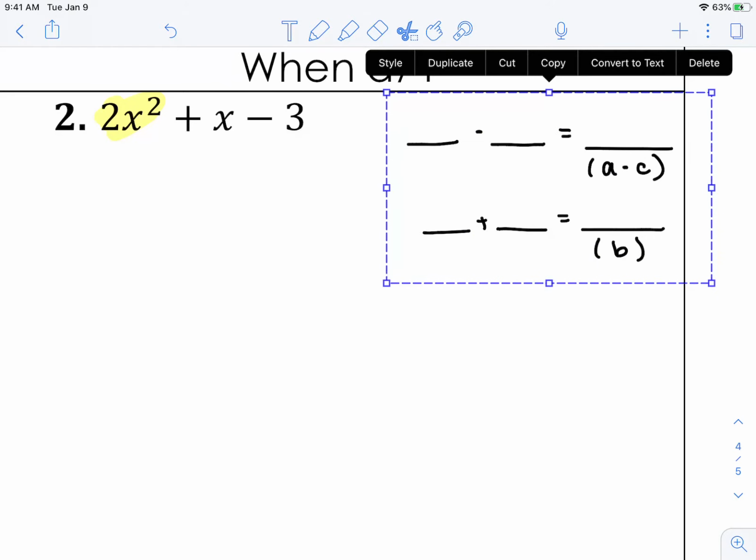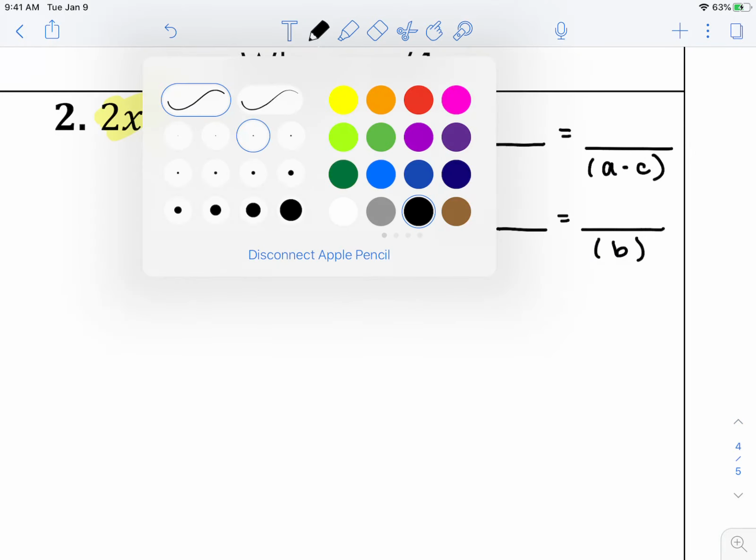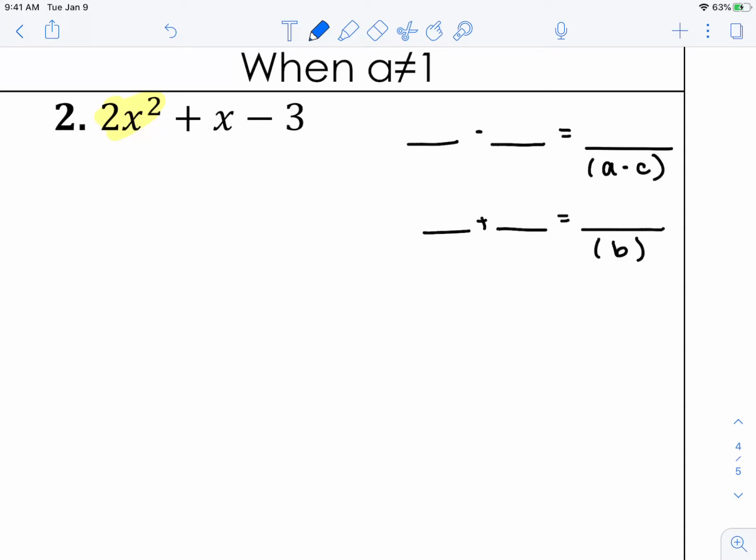In this case, our a times c is 2 times negative 3, which is negative 6. And our b value is just 1. So I'm thinking 3 and 2, and I need the 2 to be the negative one. That's our first step.